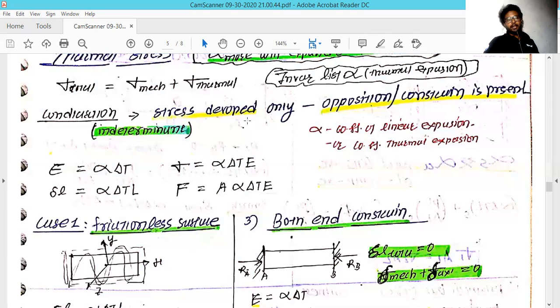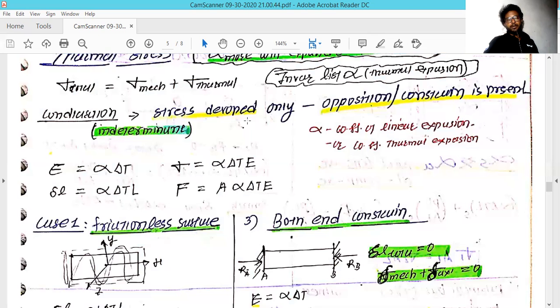Now we know the strain value, and strain is nothing but change in length divided by original length. Here I have taken length as the dimension that changes, but it might be a width, a diameter, or any other dimension.